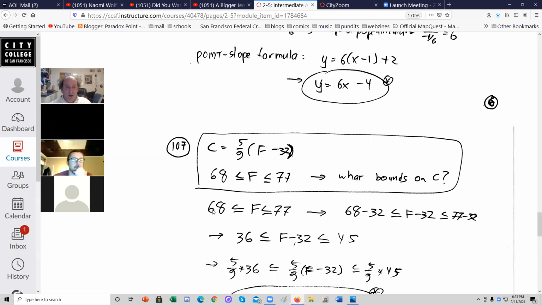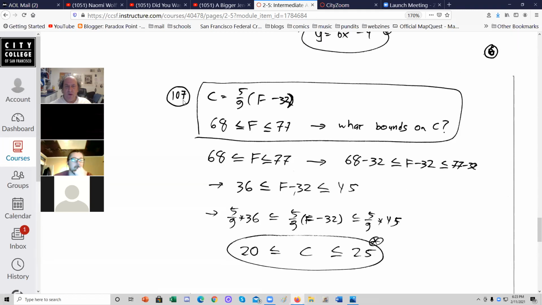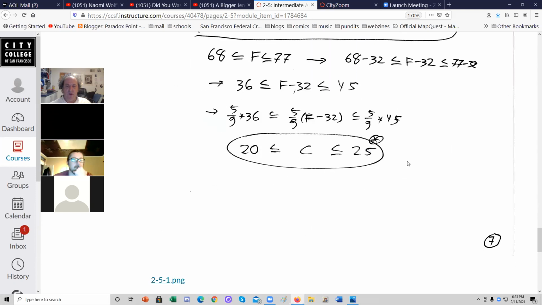Well, if F is between 68 and 77, then subtracting 32 throughout, F minus 32 is between 36 and 45. And then multiplying by 5/9 throughout, 5/9 of F minus 32 is C. 5/9 times 36 is 20. 5/9 times 45 is 25. So between 68 and 77 degrees Fahrenheit is between 20 and 25 degrees Celsius.